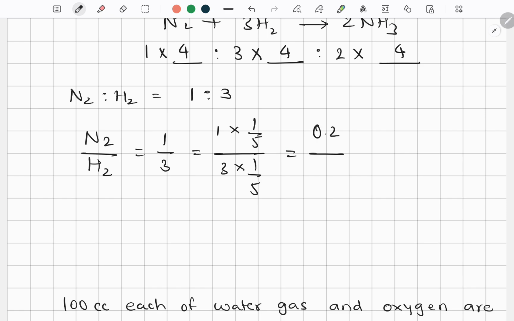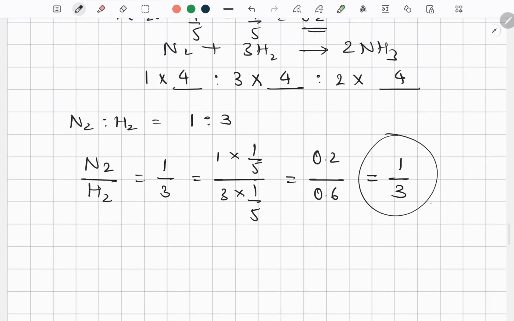What is 3 into 1 by 5? 0.6. 0.2 by 0.6 is nothing but again 1 by 3. So the ratio remains the same. That means the 1/5 of the volume of N2 and H2 is on the basis of the ratio only. Since hydrogen is always in a fixed ratio with nitrogen, we can loosely say it's 1/5 of the total reactant combination on a proportional basis.